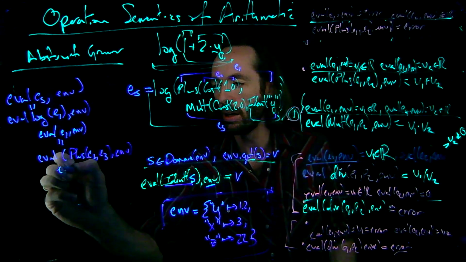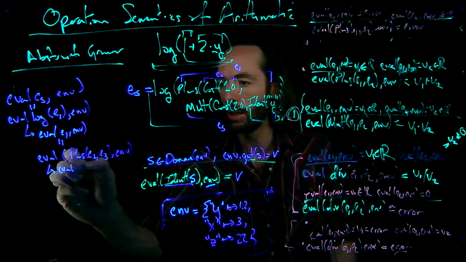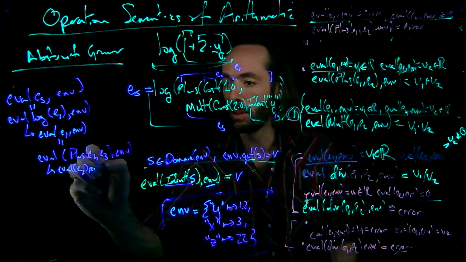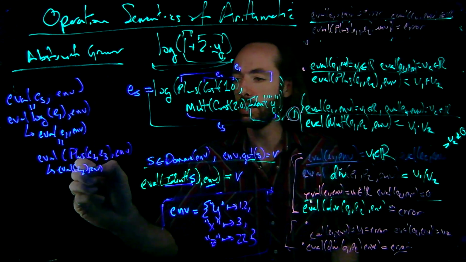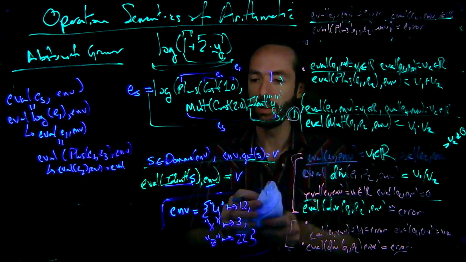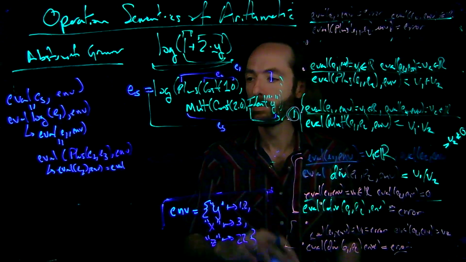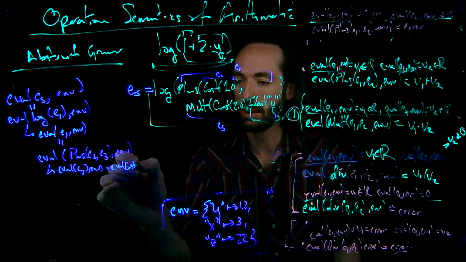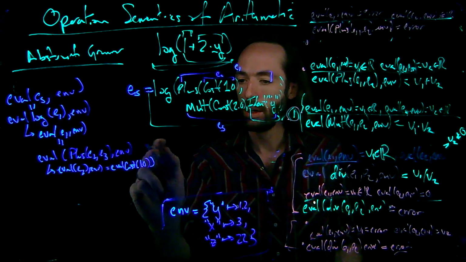So first I'm going to call eval, let's use arrows for subcalls, eval of e2 under the environment. And what is e2? This is the same as eval of const of 1.0 under the environment.